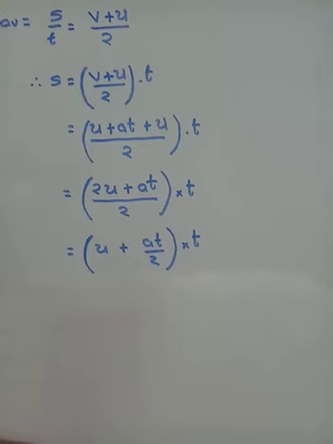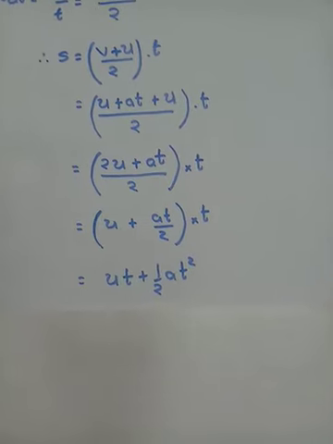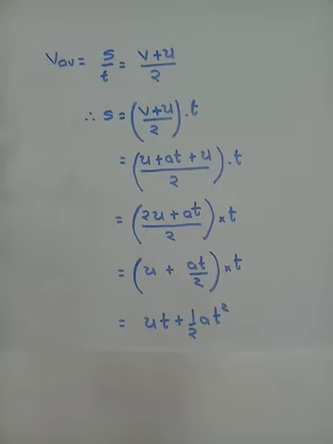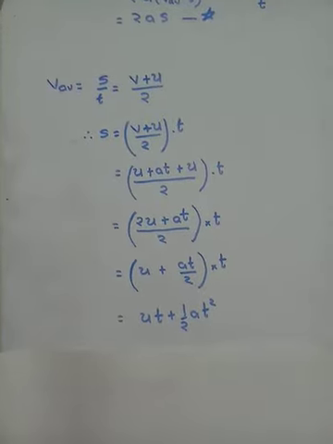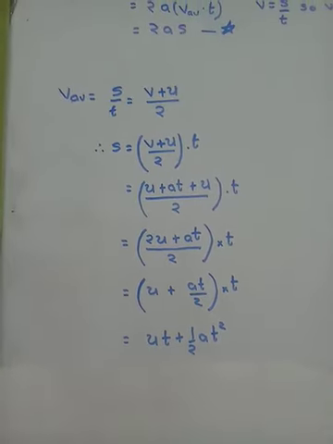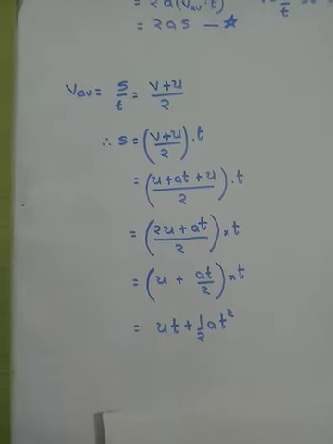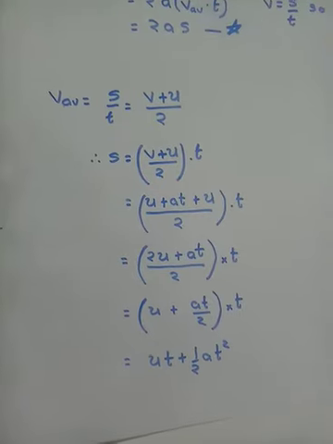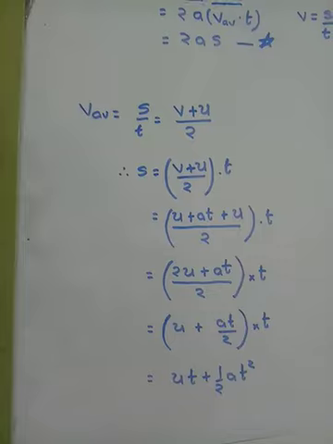And the last step, it's very easy to understand: ut plus half at square. What I have done is just open the bracket. So this is the derivation that s is equal to ut plus half at square. This is the algebraic method of derivation. These formulas can also be derived by many other methods. We will discuss those methods later on, but in this lecture only these algebraic methods of derivation.